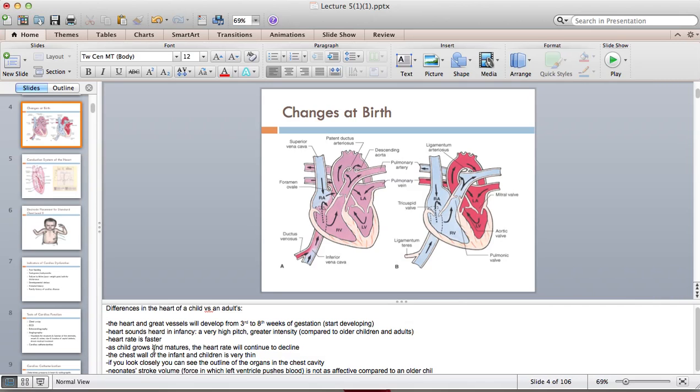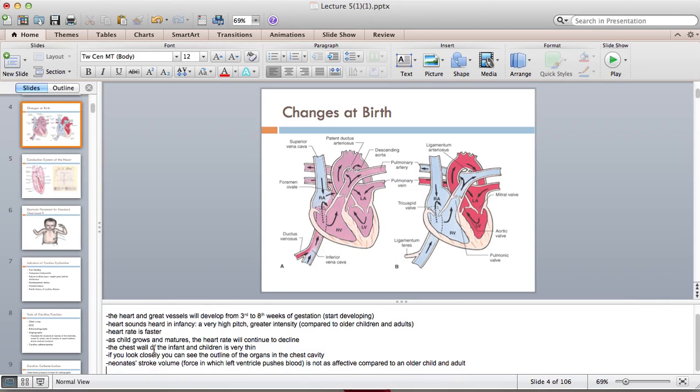Another thing that you will notice in children and infants, especially in utero, is that there is increase in pulmonary circulation. The pulmonary circulation is very high because the lungs are collapsed.